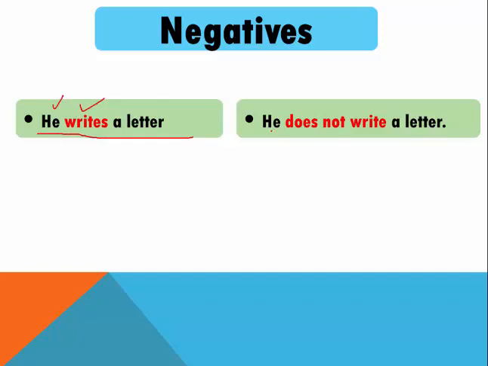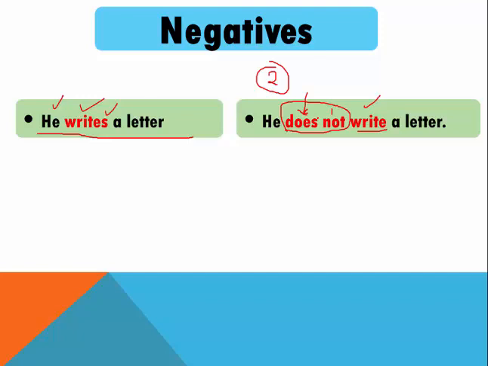If you want to form a negative of it, here you could see you have to use does not, and this does not will be used with the singular case 2. He, she, it, case 2. So we will use does and not. And here you could see the change. Here it's writes, but here it is write only.